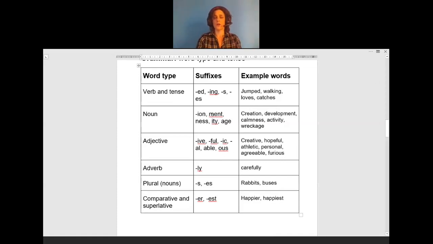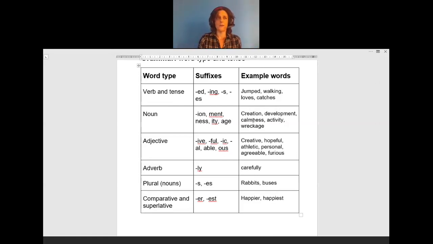So if it's got ion, ment, ness, ity, age, they will become nouns. So creation is a thing. If you create something, that's a verb, but your creation is a thing. If you develop something, the word develop is a verb, but development, the development that you've created, is a noun.